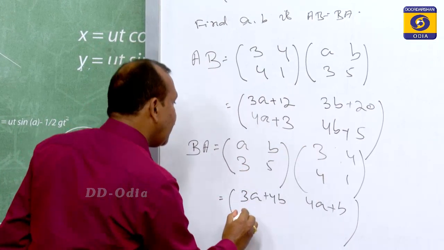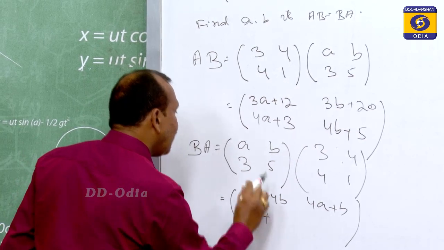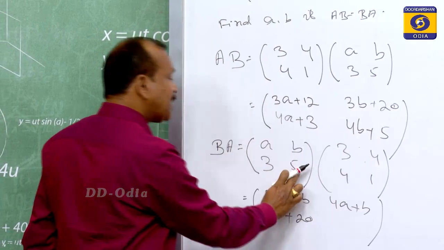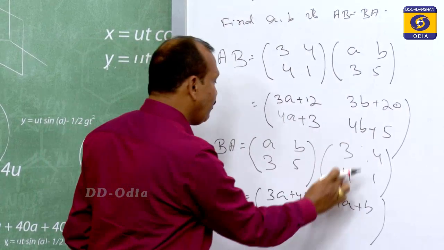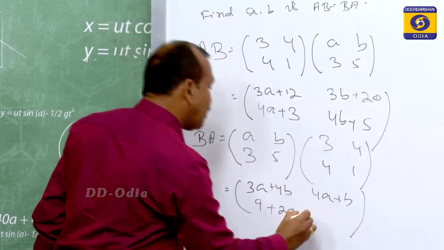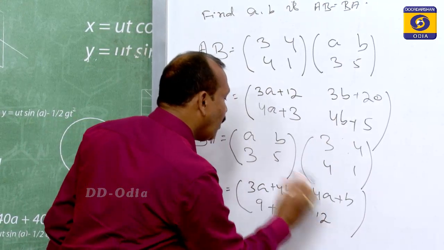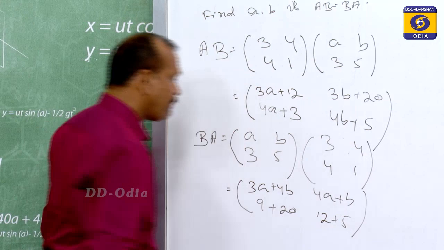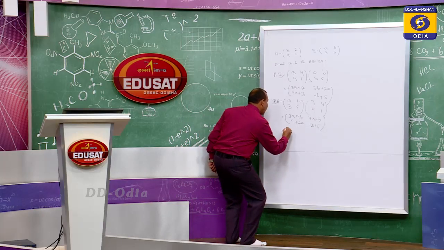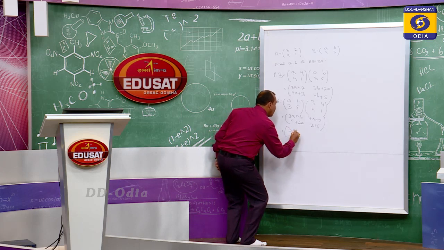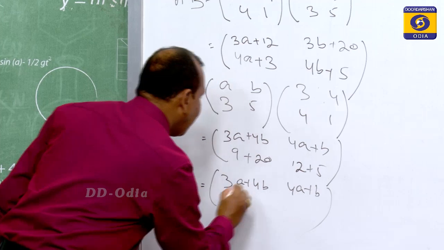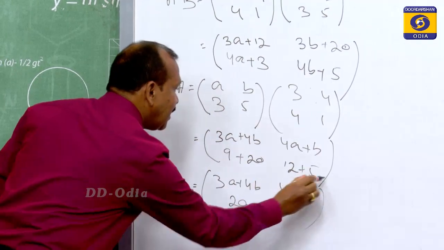Then 3 into 3, 9 plus 20. Second row with first column, second row with second column: 3 into 2 is 6 plus 5. So BA becomes 3a plus 4b, 2a plus b, 29, 11.